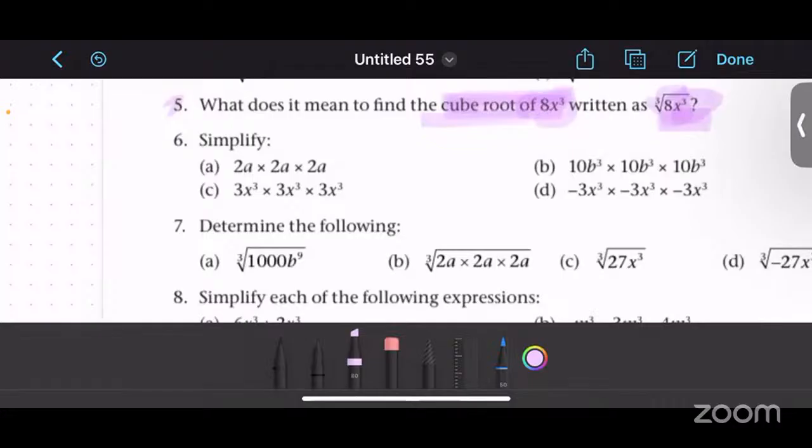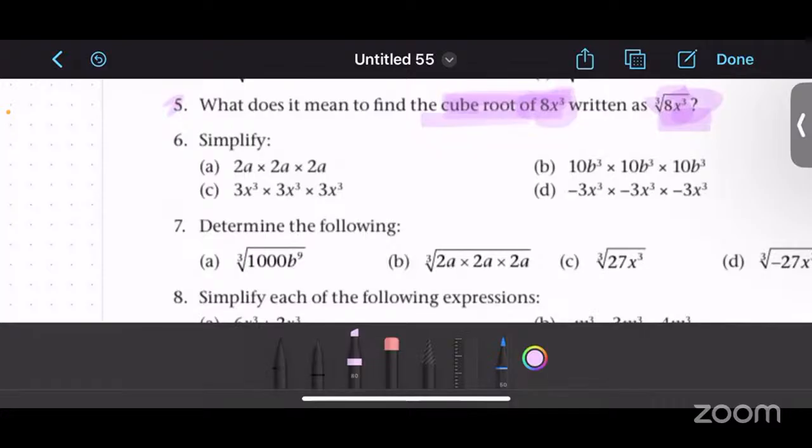So I'm asking, do you guys remember what we did when we were removing the square roots? Ma'am, I can only remember how to remove the square roots and the cube roots. You can only remember how to remove the square root and the cube root? Yes, ma'am.